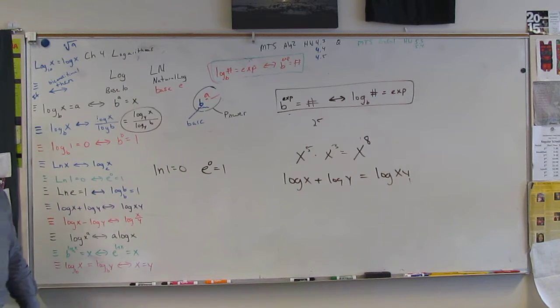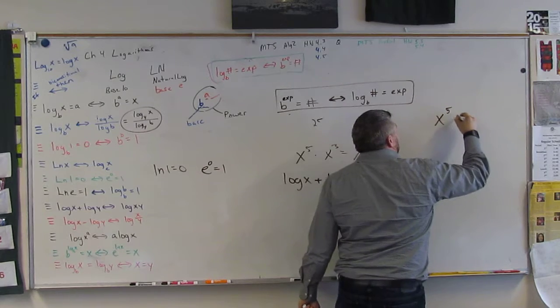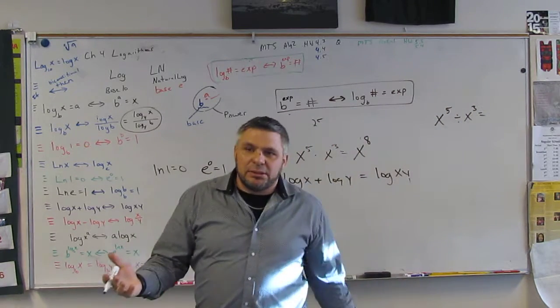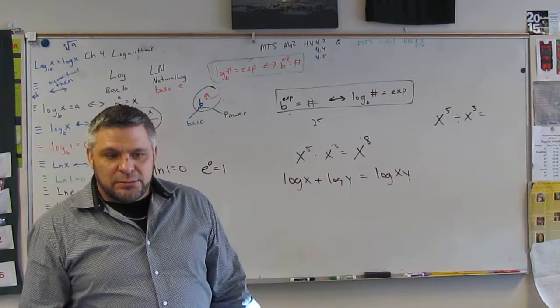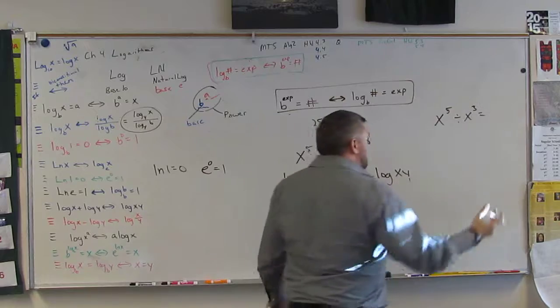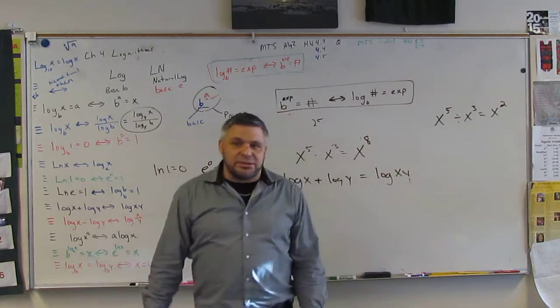Subtraction. Well, what do we do when we divide? If I have x to the 5th divided by x to the 3rd, what do we do? Yes, you subtract. So what do you get? X to the 2nd, right?